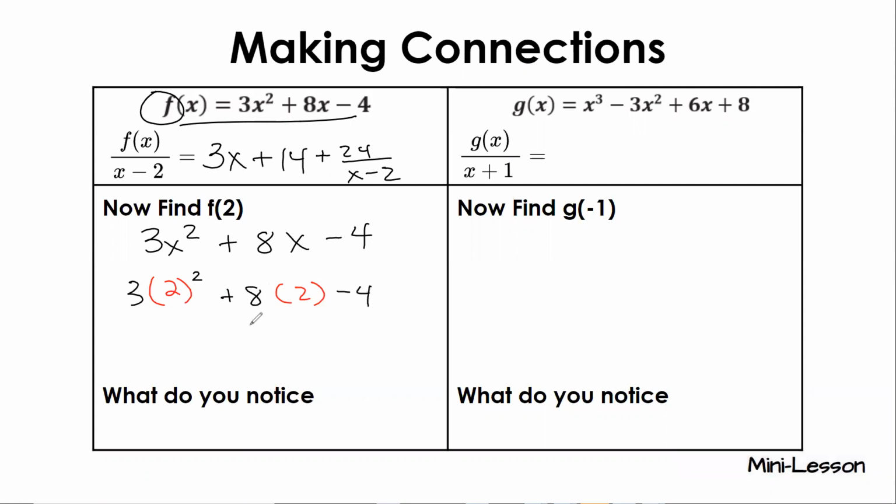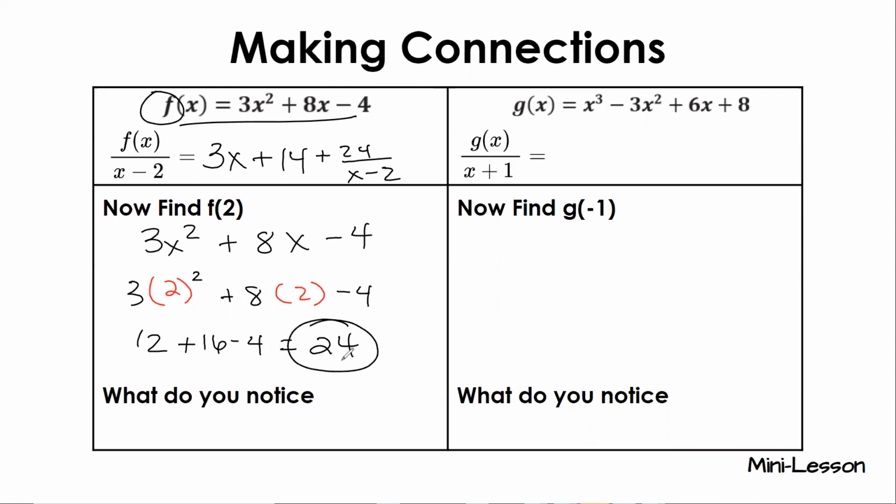Now I'm going to simplify. 2 squared is 4, 4 times 3 is 12, 8 times 2 is 16, and then minus 4. So 12 plus 16 is 28. 28 minus 4 is what?